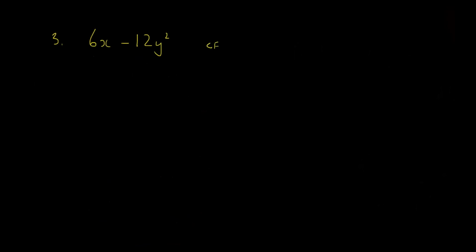The common factor is 6. Then you put 6 outside the brackets. And then x, and then minus 2y squared. Fantastic. Close the brackets and you're done. Everybody understand that?